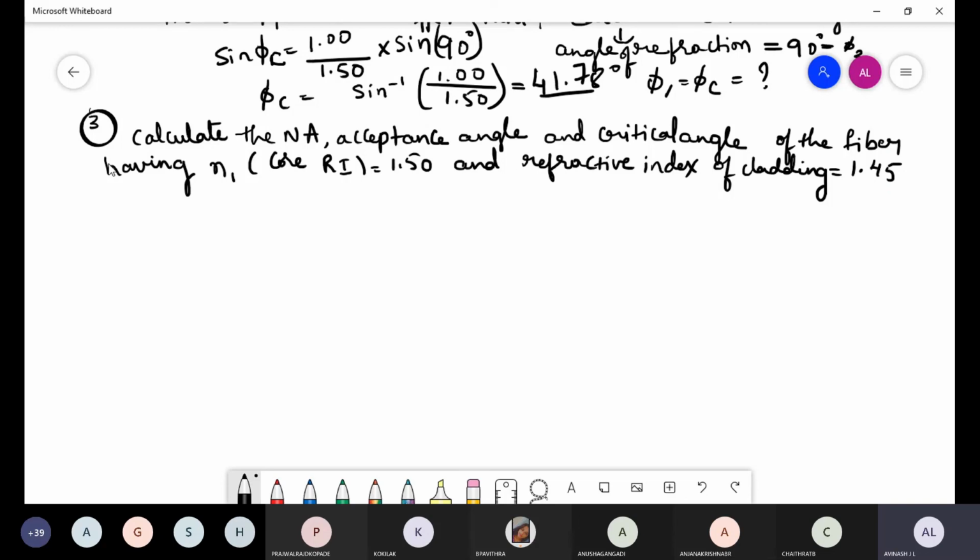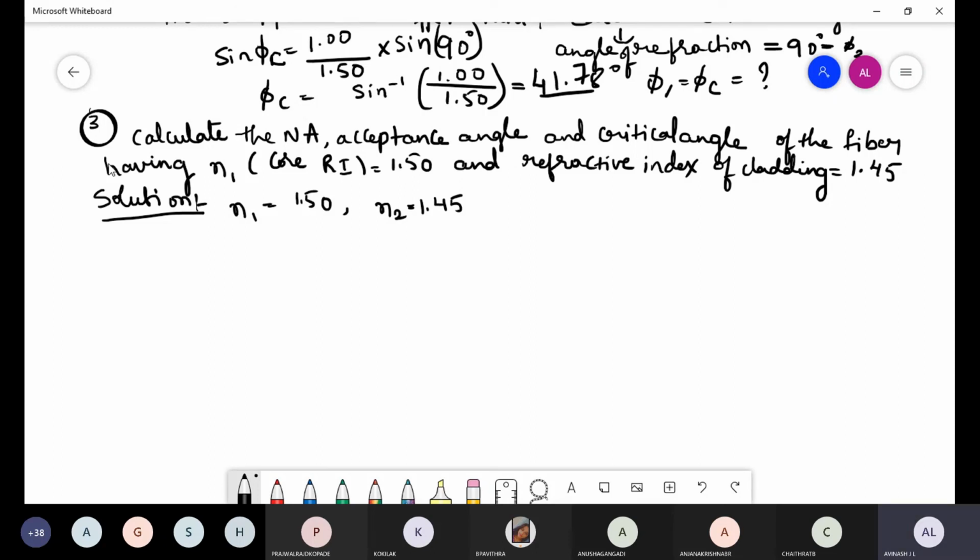Now we'll see the solution. Here N1 equal to 1.50 and N2 equal to 1.45.